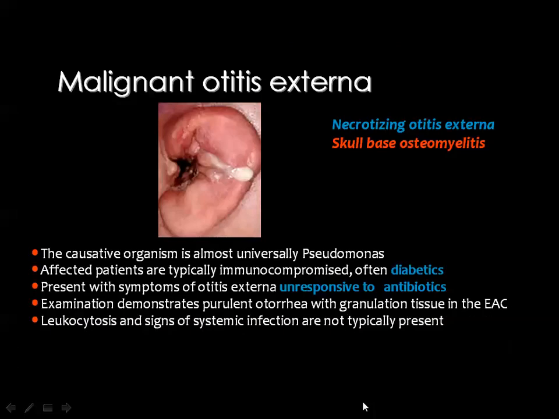patient. Then we came to infections, and the most important infection here is what is known as malignant otitis externa, or necrotizing otitis externa, or skull base osteomyelitis.